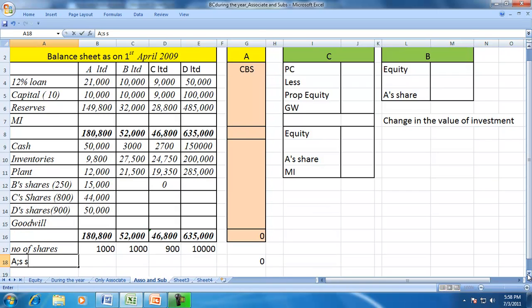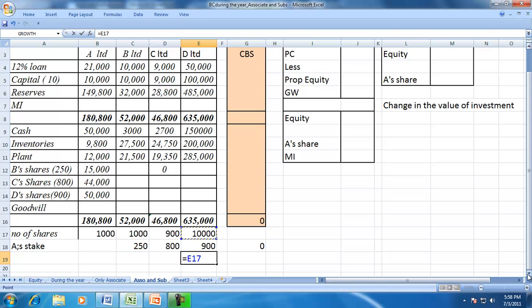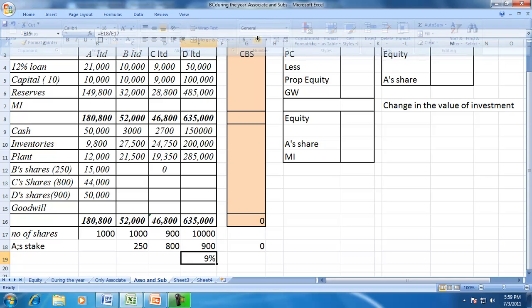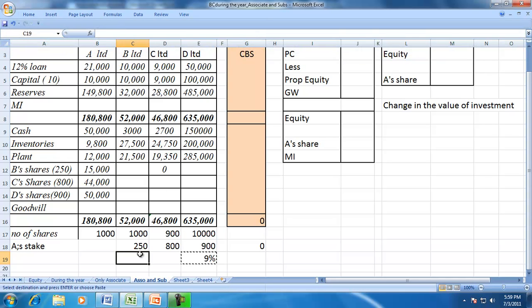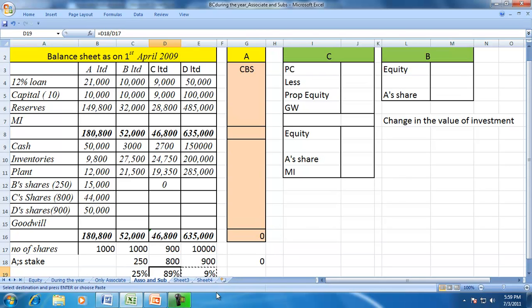A's stake in B is 250, in C 800 and in D 900. So the stake acquired is 9% in one case, then in the case of the other two, 25% and 89%.